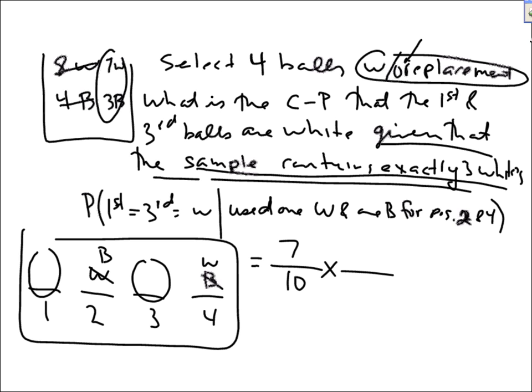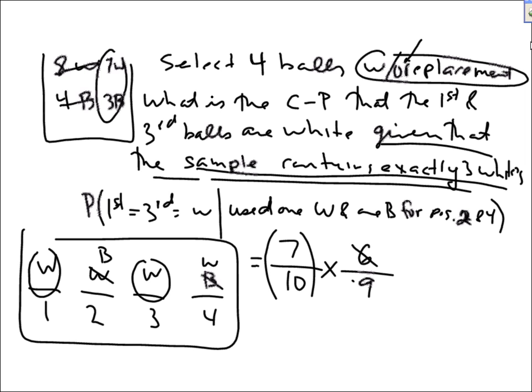We want it to be white. There's only 9 balls remaining, and only 6 of them are white, because we picked the white for position 1. For position 3, there's only 6 whites remaining and only 9 balls remaining.